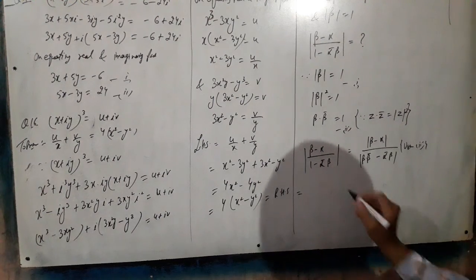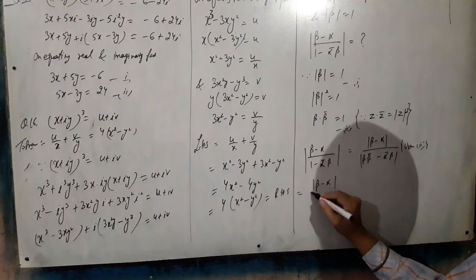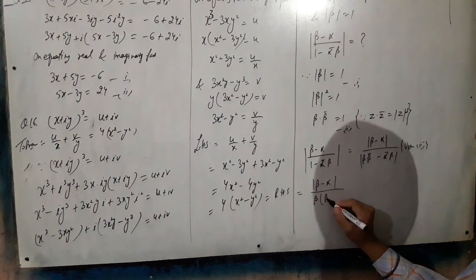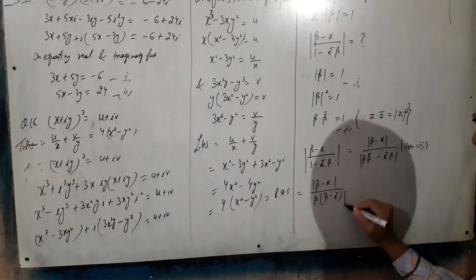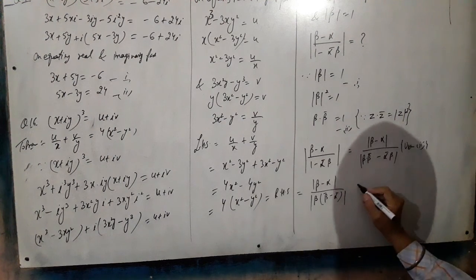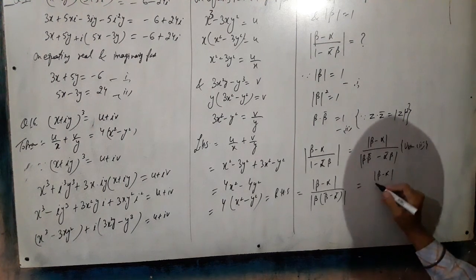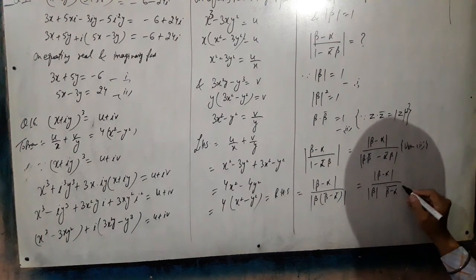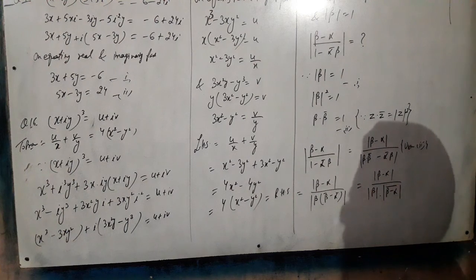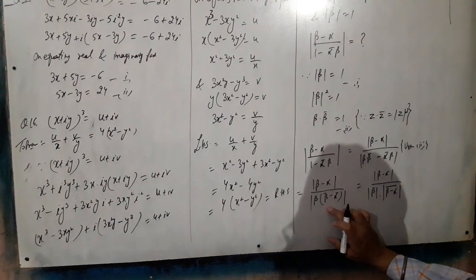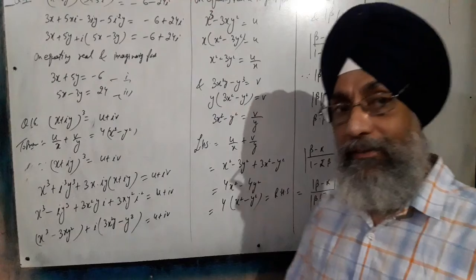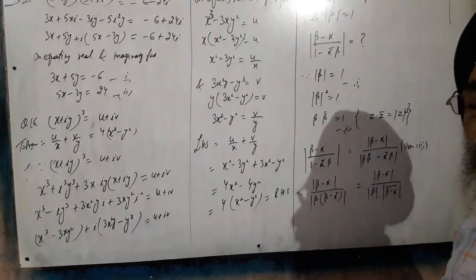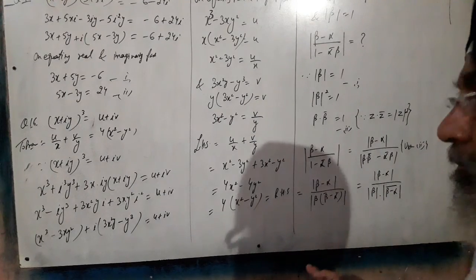Now in beta minus alpha, taking beta as common, we are left with beta conjugate minus alpha conjugate, so mod of beta times mod of beta minus alpha whole conjugate. Now either we take the difference of conjugates of two complex numbers, or we take the difference of two complex numbers and then find its conjugate. It will have the same value.